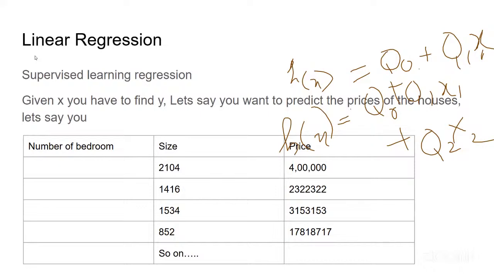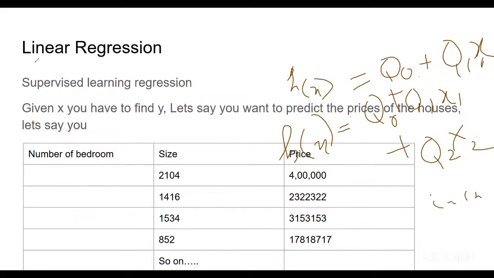We can add the number of bedrooms, 3, 4, 5, 6, and so on, and these variables would be in xi form, where the small i can take values from 1 to n. This is a kind of continuous data that we have.